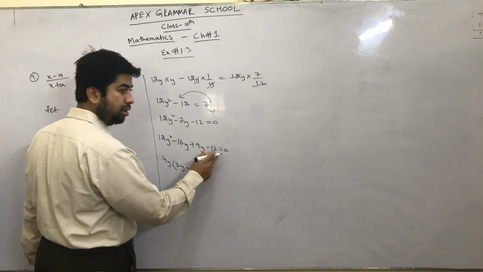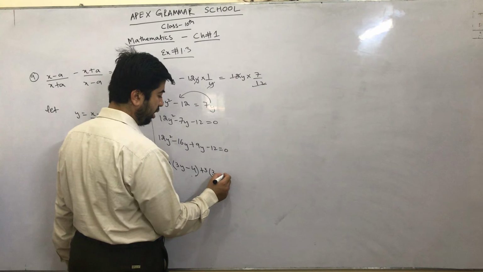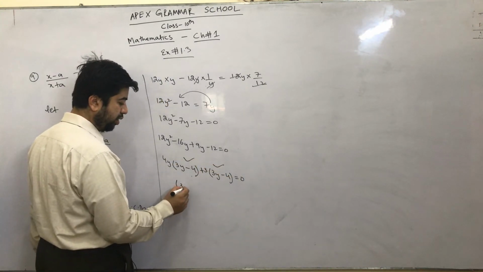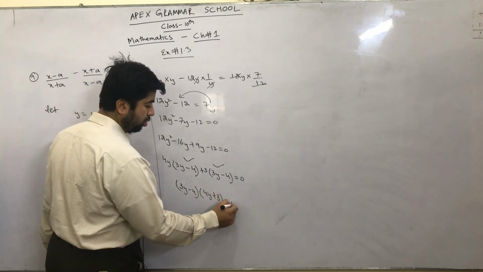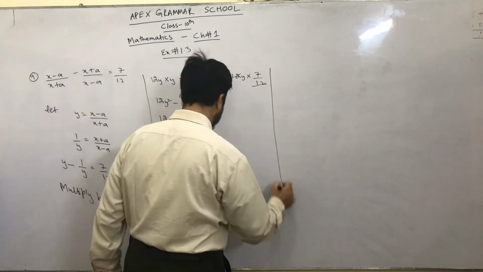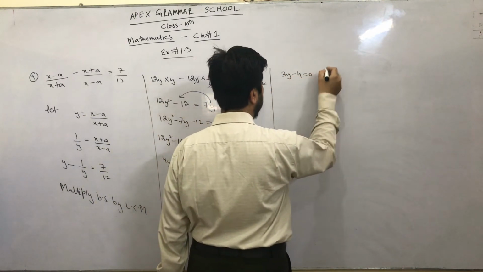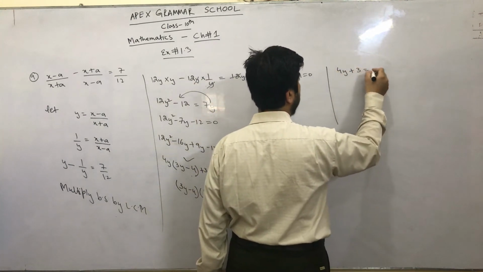Okay, so what is common here? Plus 3. 3 3s are 9, so 3y minus 4 is equal to 0. Meaning that both are the same. So 3y minus 4 into 4y plus 3 is equal to 0. So after that, 3y minus 4 is equal to 0 and 4y plus 3 is equal to 0.